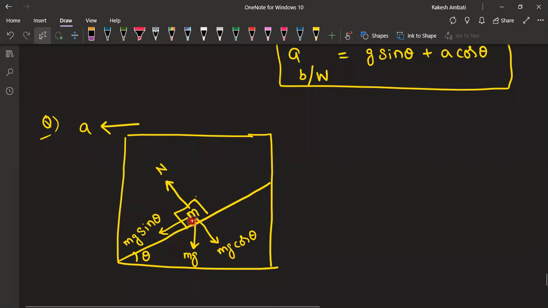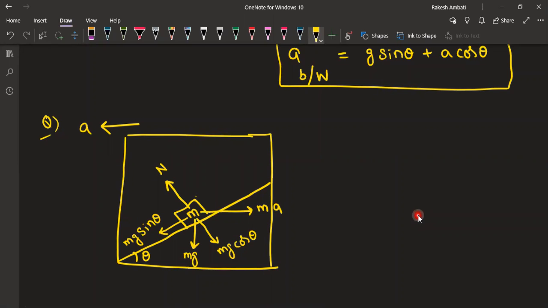But how to draw the pseudo force? Opposite to the direction of acceleration of the non-inertial frame. So here the acceleration of the non-inertial frame is leftwards, so the pseudo force is rightwards. It is the direction of pseudo force, that is mass into acceleration of the frame, that is MA.